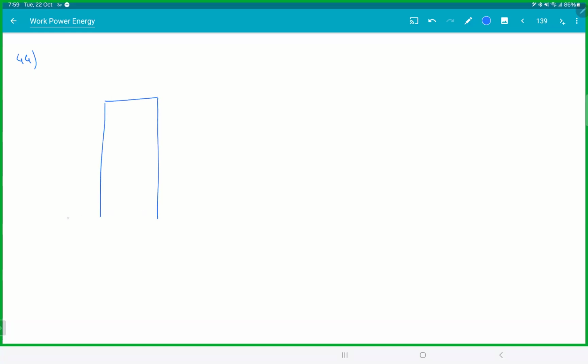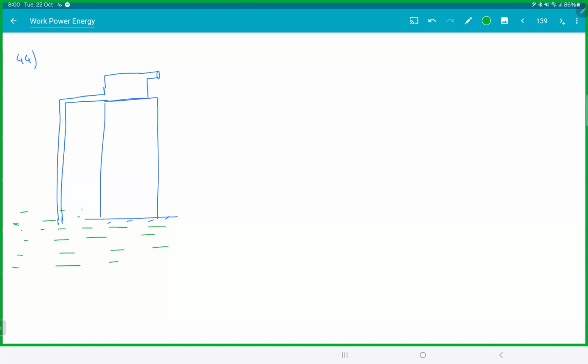Let's say we have a building here. On top of it, we have a pump. So this is all water here.